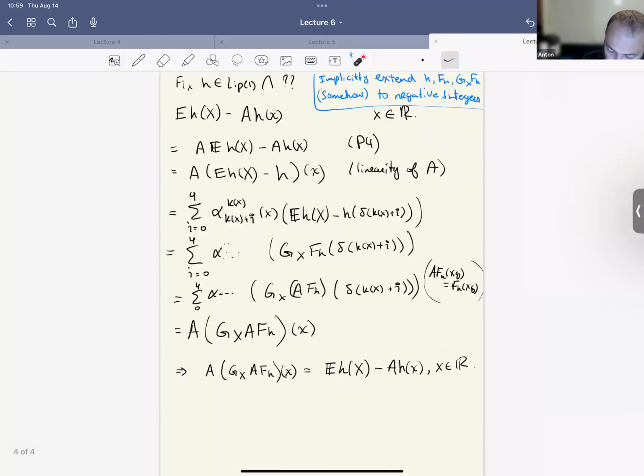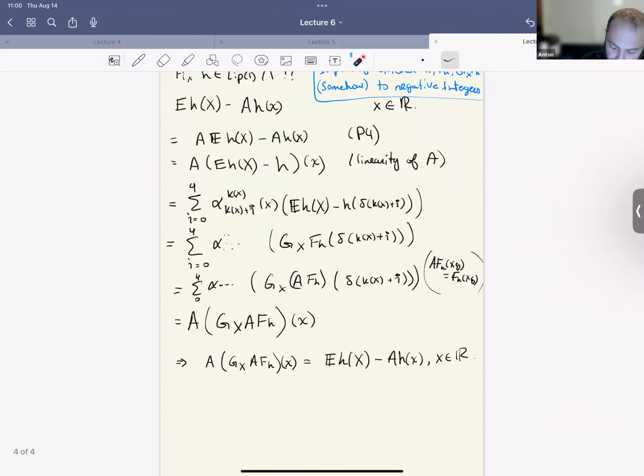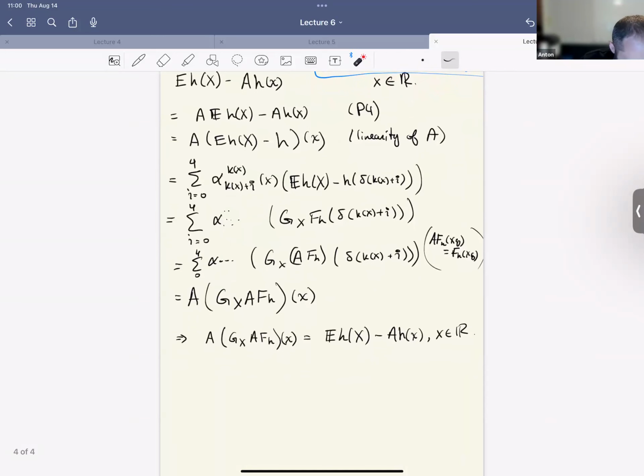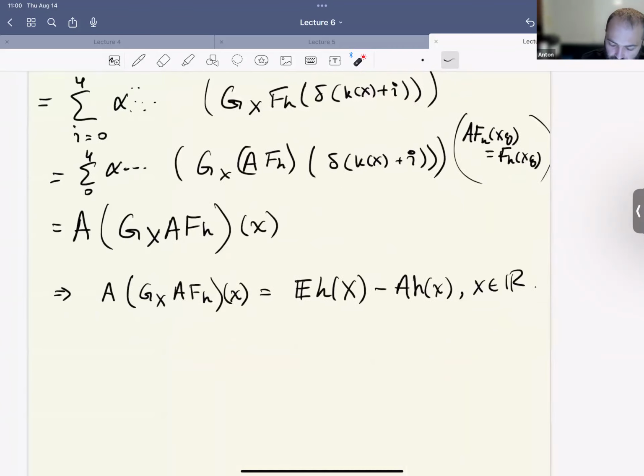But if you didn't follow that, or if you don't like that idea, you can just implicitly extend things, and that's going to be fine. All right. So there we have it. Now we have a rigorous, this is what I'm going to call the interpolated Poisson equation. And on the right, it's okay.